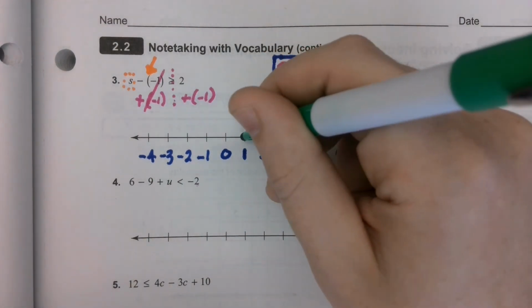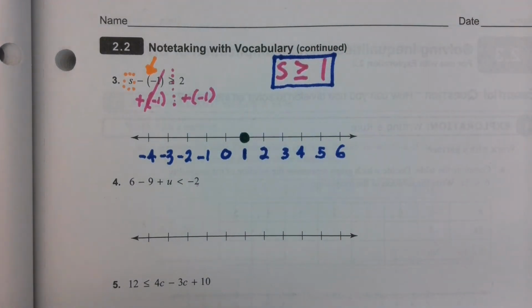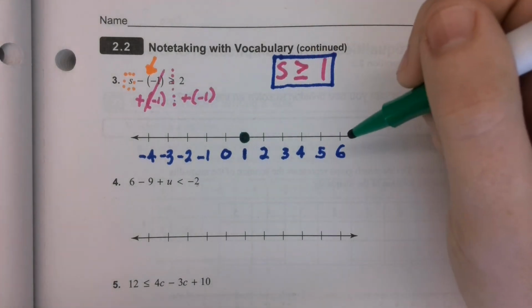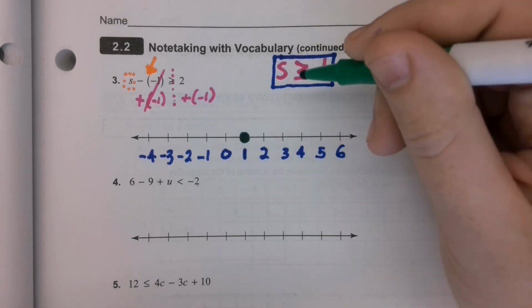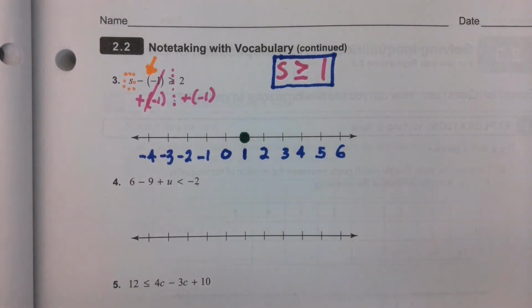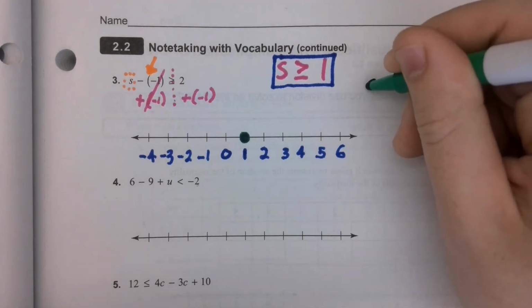So, as we mentioned, our endpoint is at 1, and because it has a bar underneath, it's a closed circle. To decide where our line is going to go, or our arrow I should say, let's plug in a number for s, any number. If the number we plug in works, our arrow will point in that direction. If the number we plug in doesn't work, our arrow will point in the opposite direction. So let's do 0.